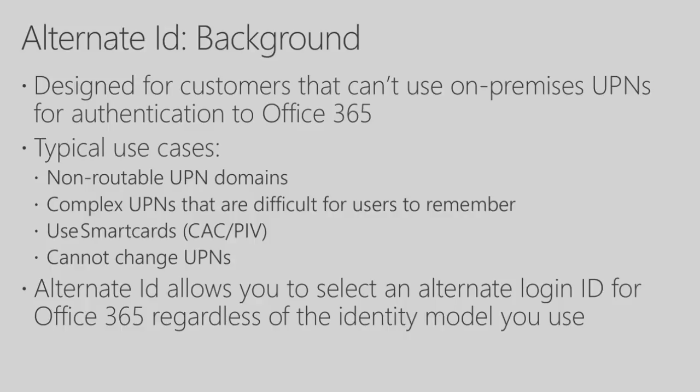Sometimes orgs have really complex UPNs for whatever reason that users just can't remember, and so it's not practical. Or maybe they're using smart cards only, so they don't even know their UPN. And then I've run into cases where the customer can't actually change the UPN for one reason or another, either because this tenant is part of some larger organization, but they don't actually own that domain, all kinds of weird things. So if you're in this situation, you can use alternate ID.